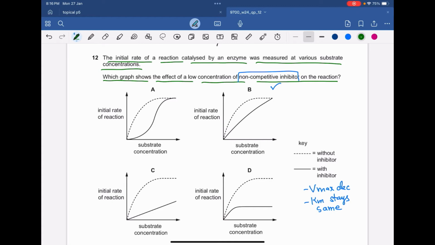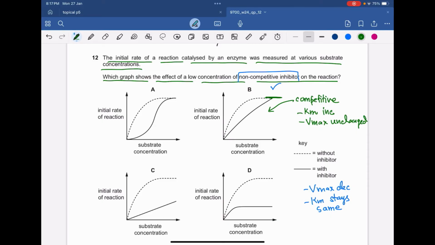And what happens in competitive inhibition? In competitive inhibition, the Km increases and the Vmax remains unchanged. So over here we can identify that this graph is of competitive inhibition, where the rate of reaction at Vmax is the same with and without the inhibitor.